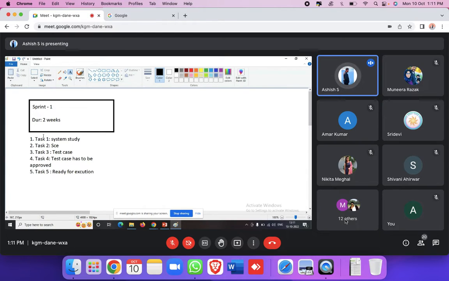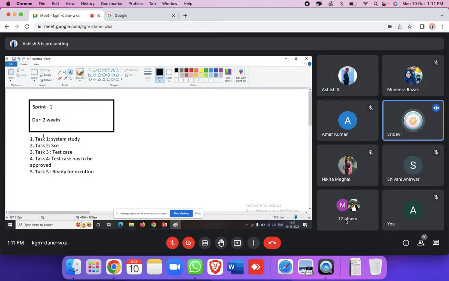They'll sit together, analyze the particular requirement, prioritize, and keep one sprint duration. And you cannot say all the sprint durations will be the same.